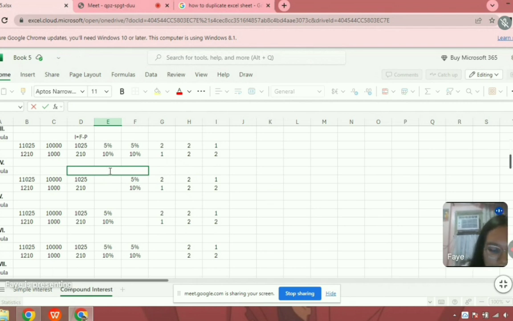So the formula is i is equal to m multiplied by quantity the mth root of F over P minus 1.